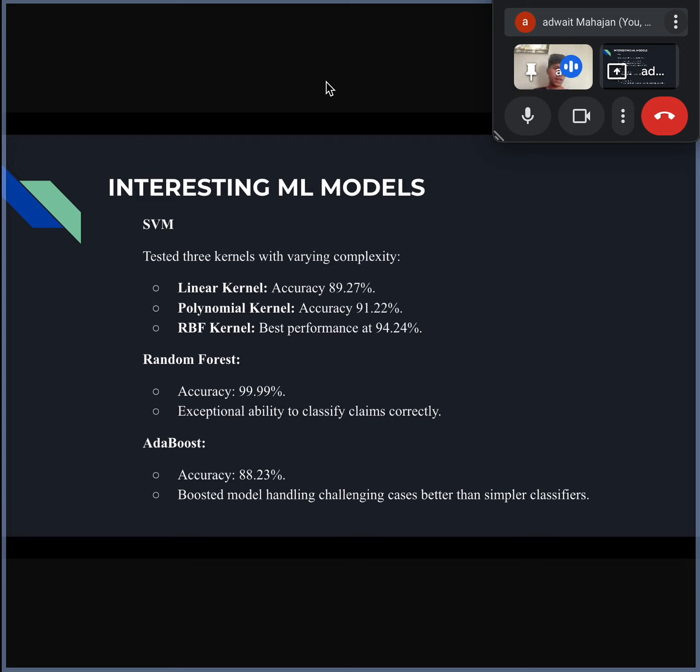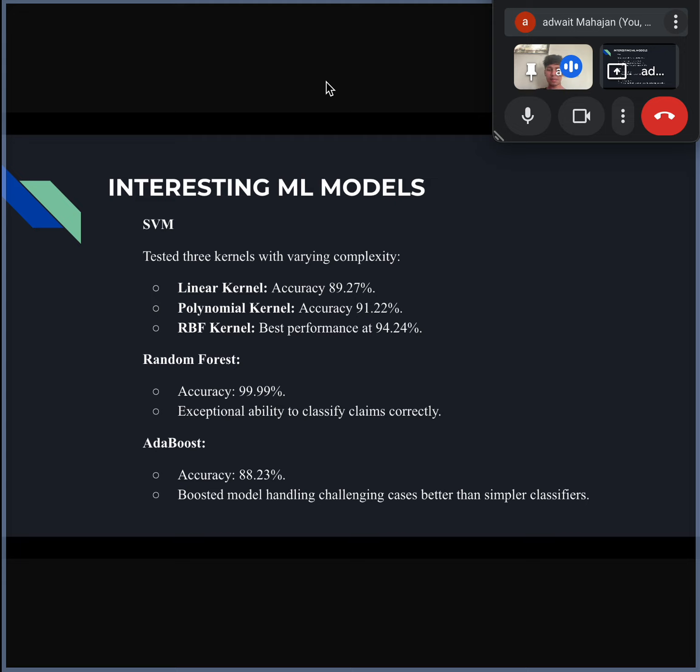SVM is one of the models that we used, with three different kernels. You can see the accuracies mentioned here. Linear kernel was 89%, polynomial kernel was 91%, and RBF kernel was 94.24%. So this was the SVM model that I thought was the best performing.